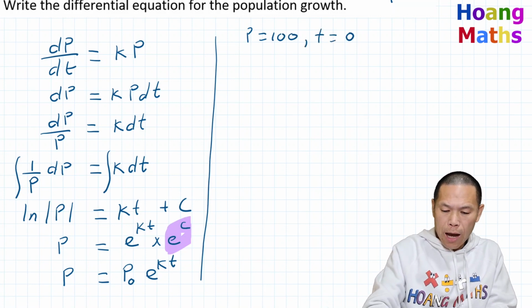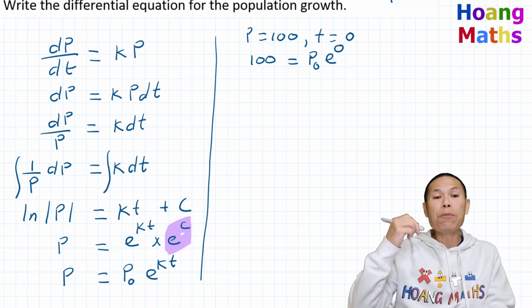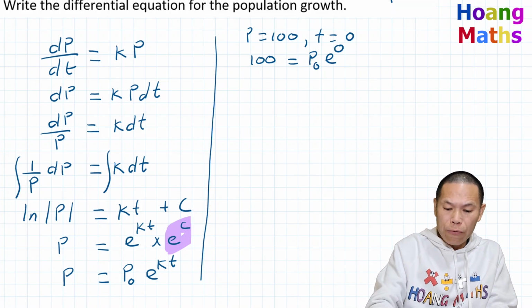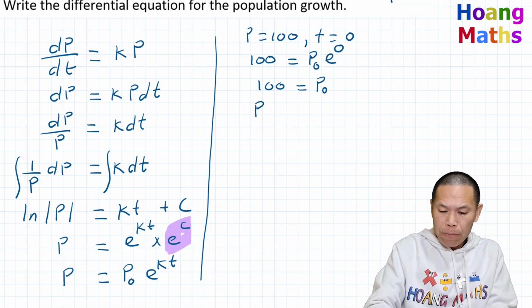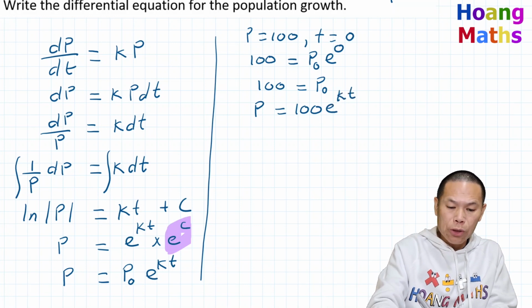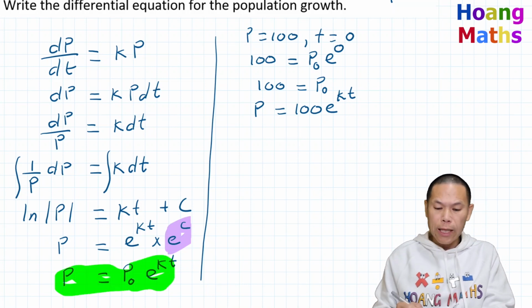So this means 100 is P naught e to the k times 0. So k times 0 is 0, and e to the power of 0 is 1. Therefore 100 is P naught. So this means that P is 100 e to the kt. We just substitute into this equation here. That's all it is.